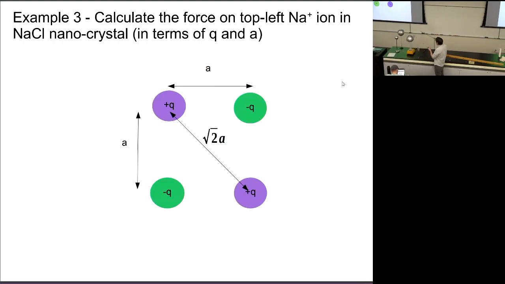Here in magenta are the sodium ions, plus Q, and here are the chlorine ions, minus Q and minus Q, arranged on a rectangle where the sides are just labeled A. It's just a symbol. I'm going to calculate my answer in terms of this symbol A and this charge Q.